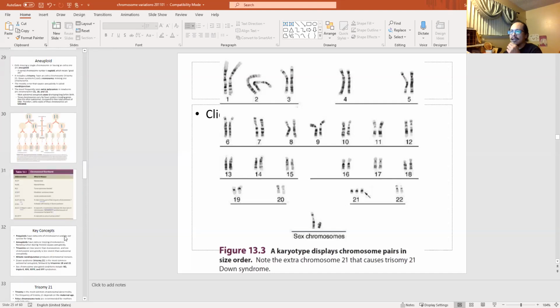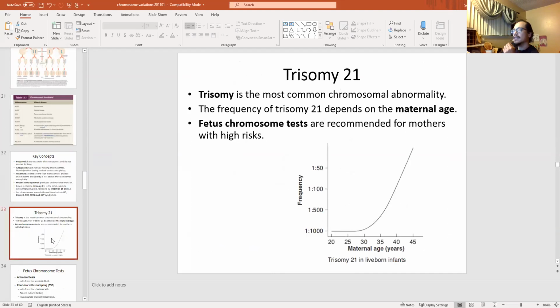So that's that. And we know that research over this long period of time has found that the frequency of having a baby with trisomy 21 depends on the maternal age.